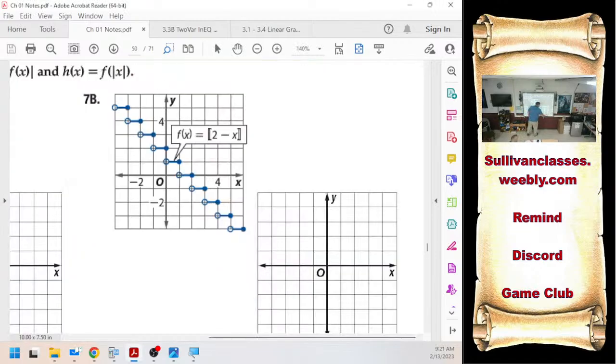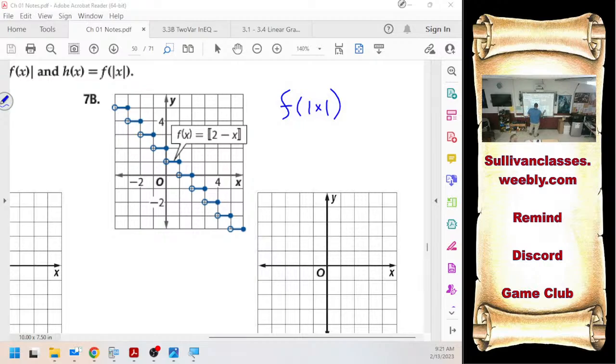This guy, if I absolute value just x, everything that is on the right-hand side gets reflected to overwrite the left-hand side. So you've got to be careful about how you draw all of your circles here. This was open circle to close circle.